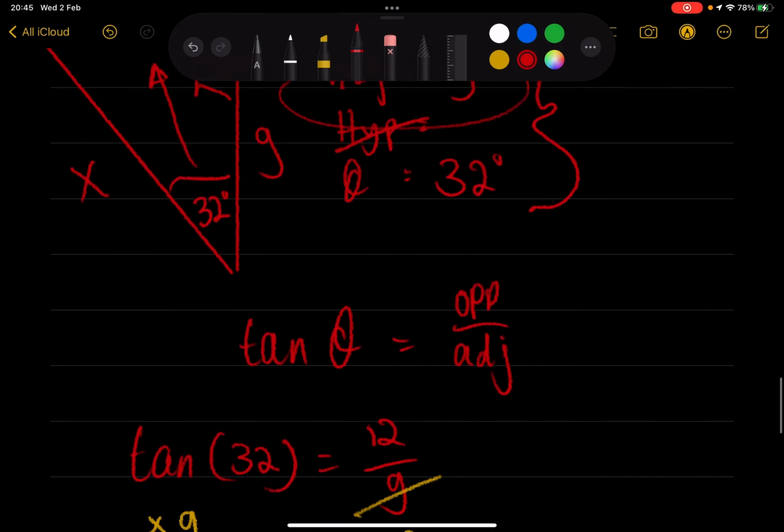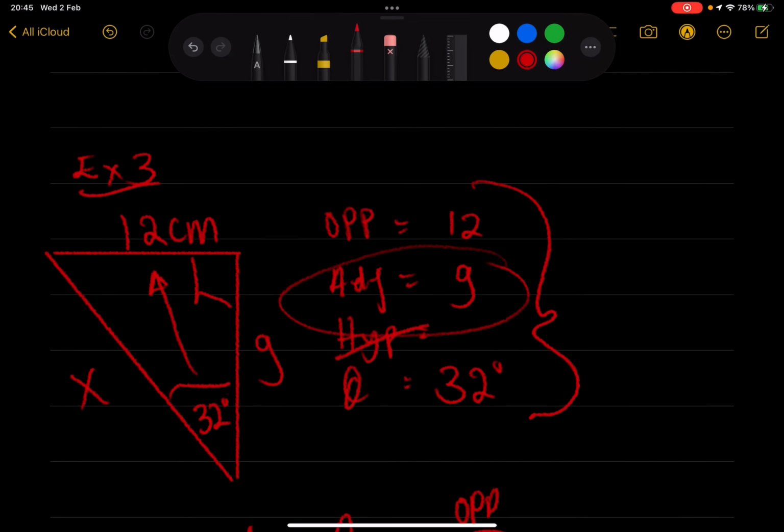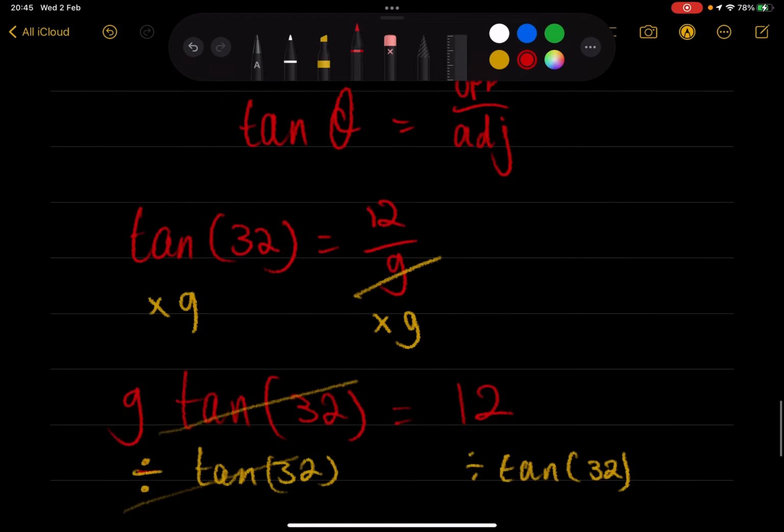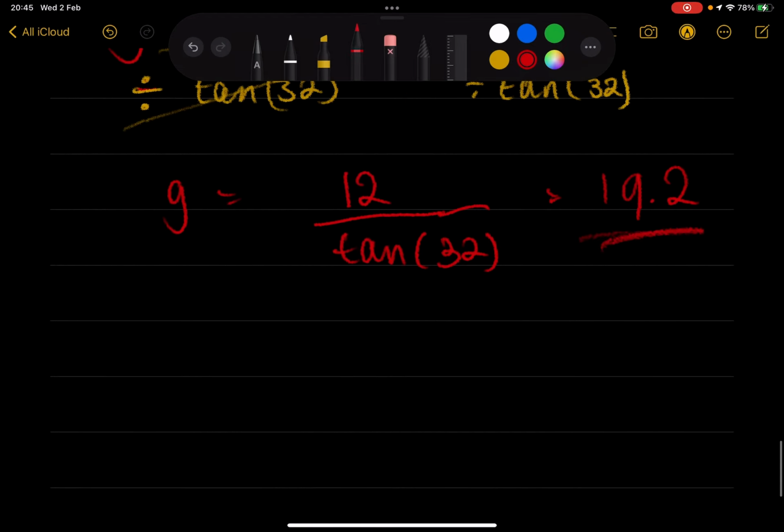And does that look like a sensible answer? Yeah, probably. Because as I say, that's probably not a 32-degree angle. That's probably like 45. So this side should actually be a lot longer than this one. Yeah. So 19.2 centimeters. Are we all happy with that?